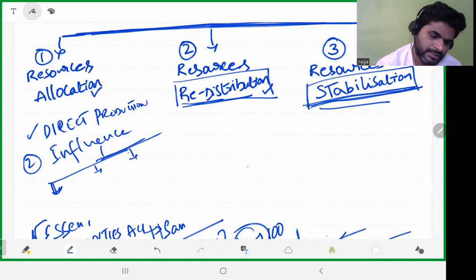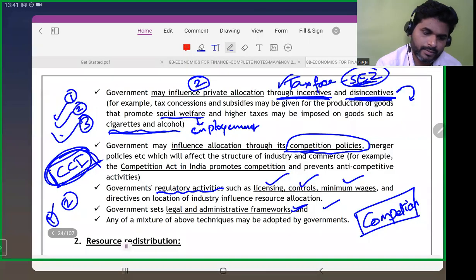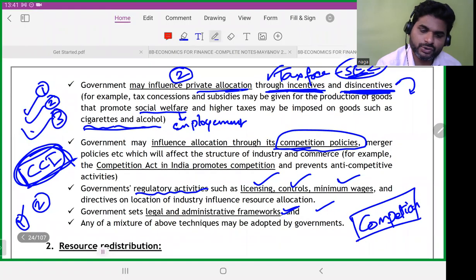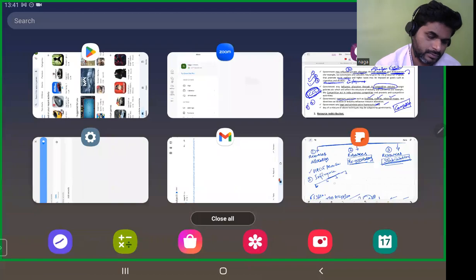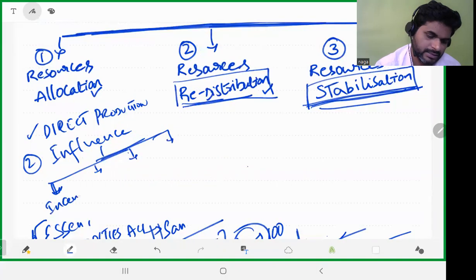There are different ways, right? One, by influencing the private allocation through incentives and disincentives. Incentivize, disincentivize.